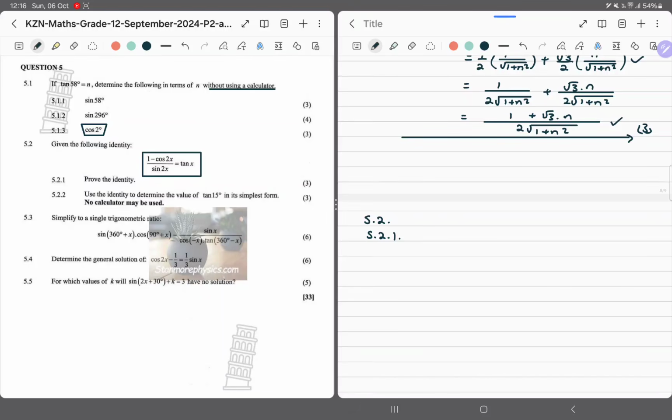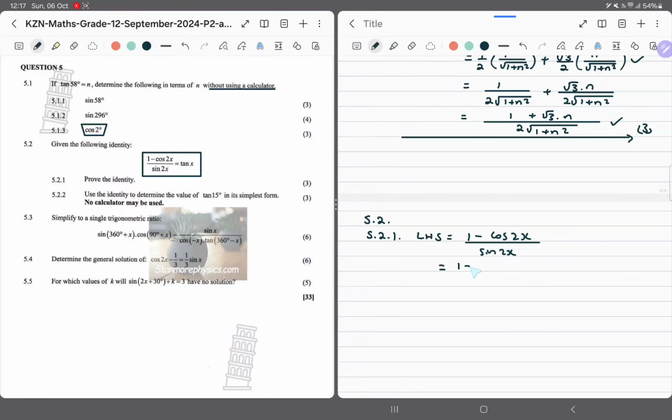So what can we do to prove? Obviously, we choose the complicated side. So we will write the left-hand side is equal to 1 minus cos 2x, all divided by sine 2x. Okay, this is equal to, now we see that there's sine here, so we can actually attempt to use that as sine as well.